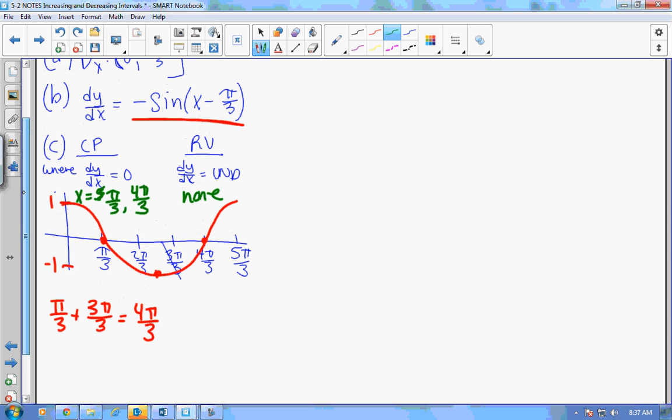Okay, so now part D, we draw a number line to look at our intervals of increasing and decreasing for our derivative, which is, function was y, so I'll put y prime. Based on your restricted values or your critical points, which we don't have any restricted values, we just have critical points: pi thirds, 4 pi thirds.